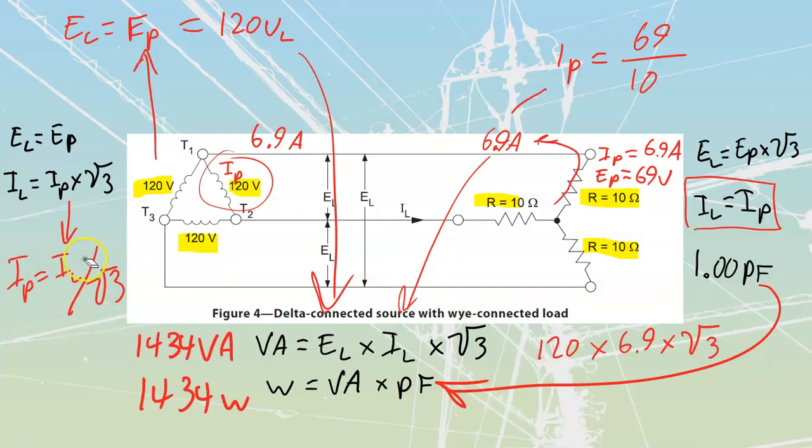Let's put values into this. I line is going to be a value of 120. What am I doing? That's my E phase, no wonder this isn't making sense. I line is what we're looking at: I line is 6.9 amps divided by root 3 gives me my phase value.